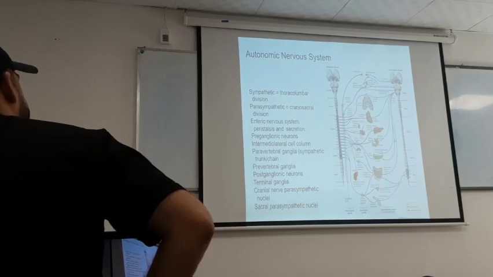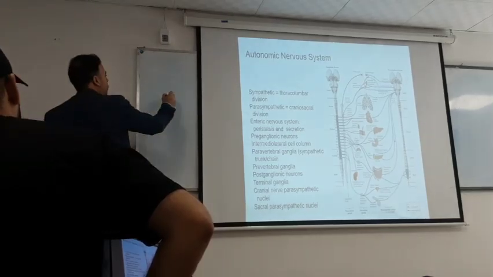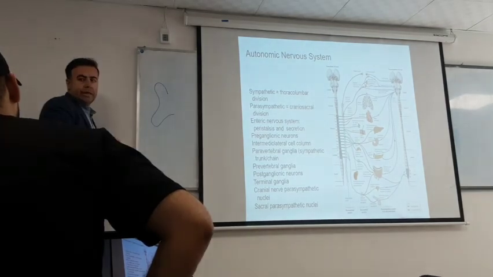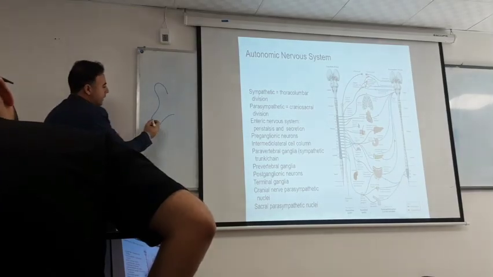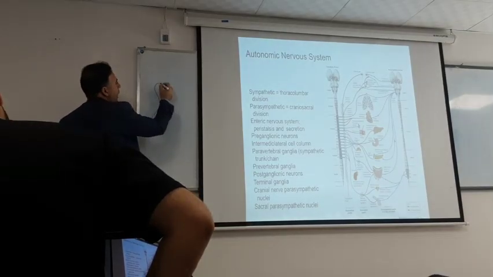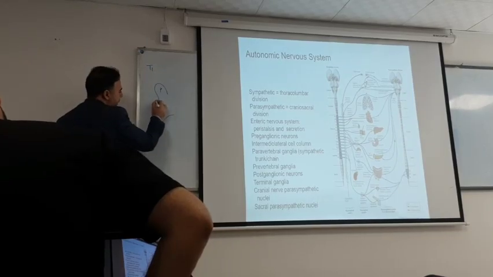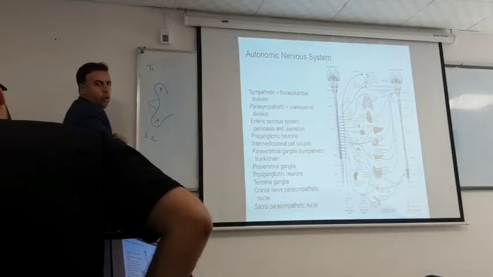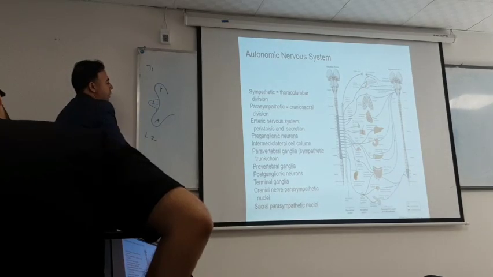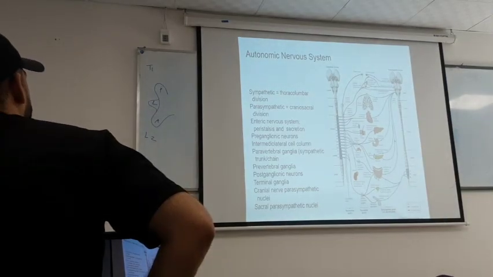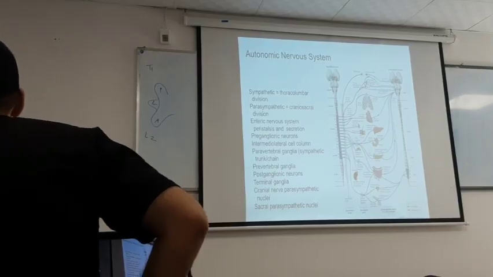In the segment of the spinal cord, the spinal cord has anterior and posterior horns, yes, or this anterior one. In T1 to L2, there is a lateral horn. Anterior, posterior, lateral horn. This is only T1 to L2, only for sympathetic.